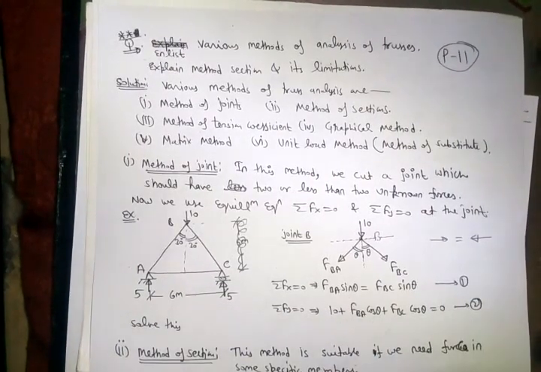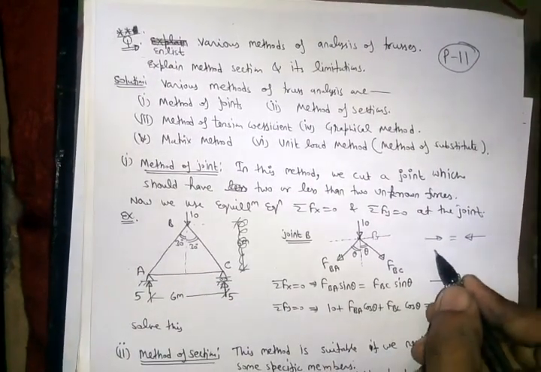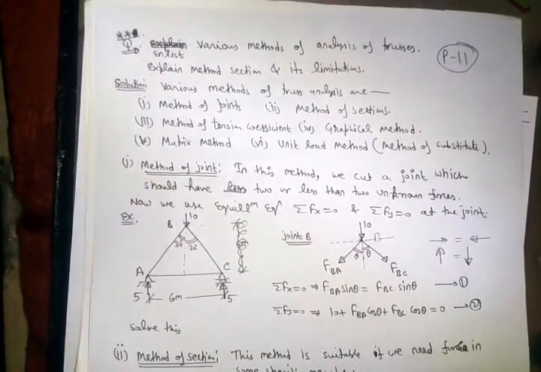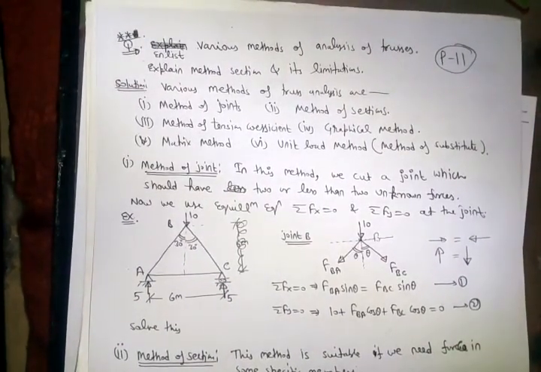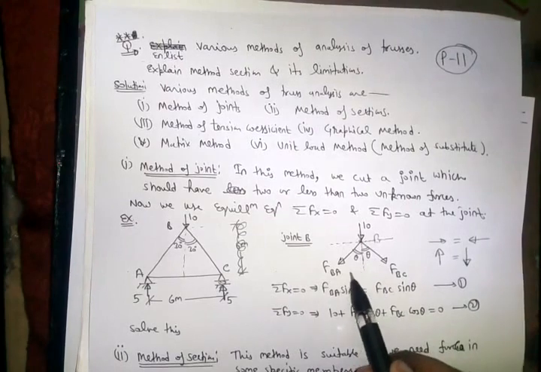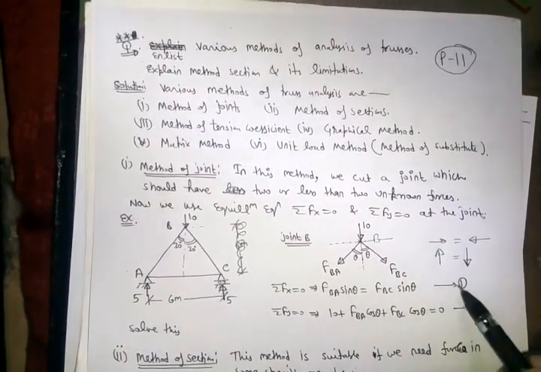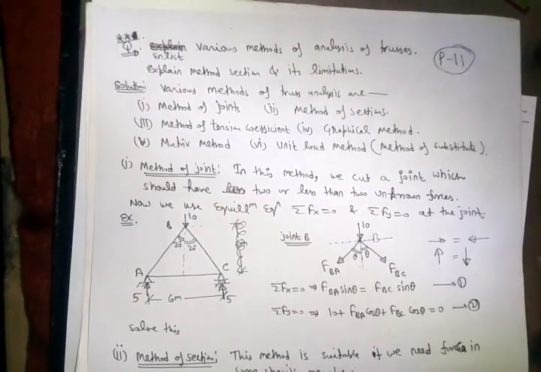The second equation is summation Fy = 0, meaning force in upward direction equals force in downward direction. So force in upward direction is 0, but force in downward direction is 10 plus FBA cos theta plus FBC cos theta.